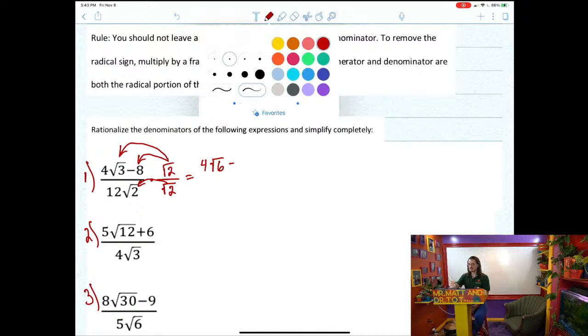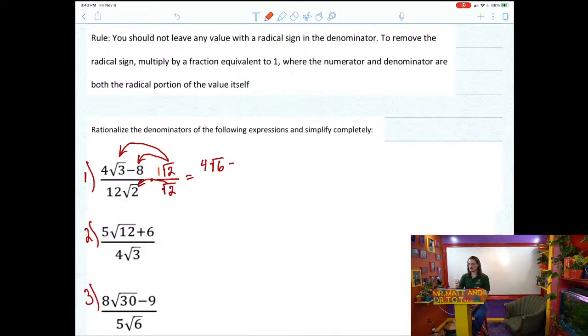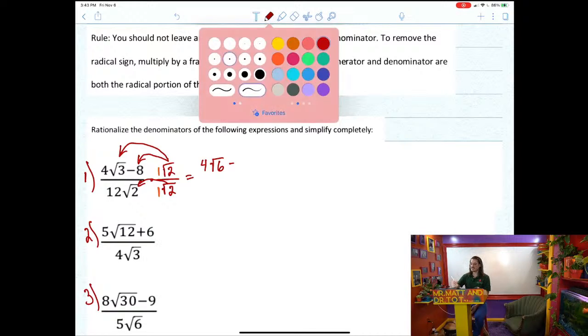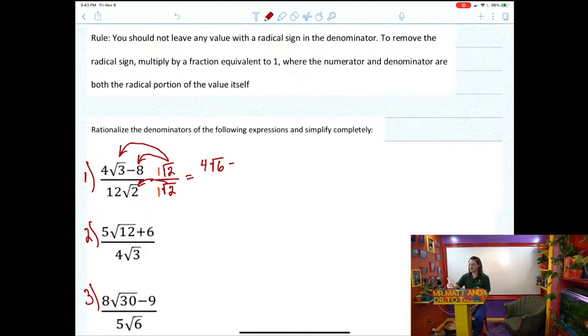If there's nothing listed, then there's implicitly a coefficient of 1 there. So if that helps, you can write out 1 root 2 instead of just root 2. So 4 root 3 times root 2 is going to give us 4 root 6. Negative 8 times root 2 is going to give us a negative 8 root 2.